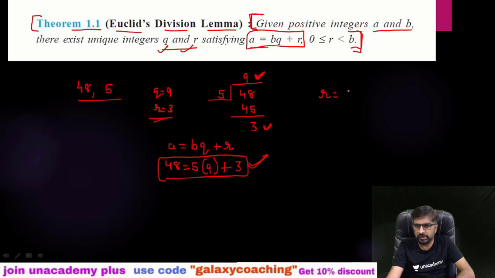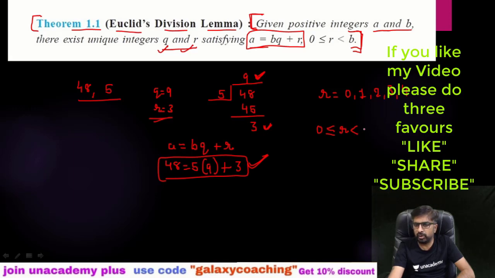So here you will get your remainder as 0, 1, 2, 3 and up to 4. But the remainder can be 0. That's why they have written remainder greater than or equal to 0. But your remainder should always be less than the divisor. Here your divisor is 5, so the remainder is less than 5. Your remainder will come between 0 and 4 only.